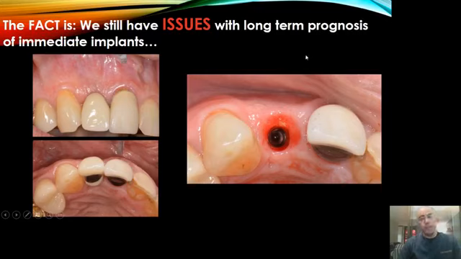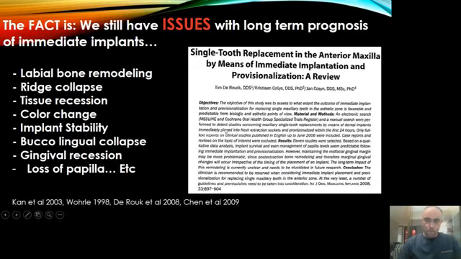That doesn't mean that immediate implant with the traditional ways that we've been doing is unpredictable, but we see some long-term issues all the time. And this is actually proved by the literature.